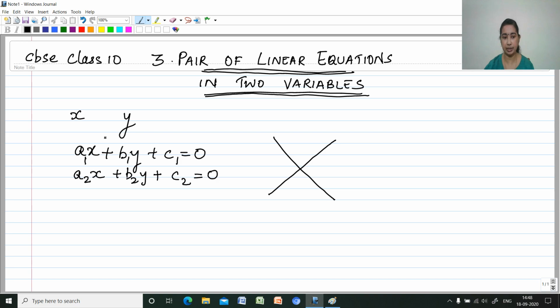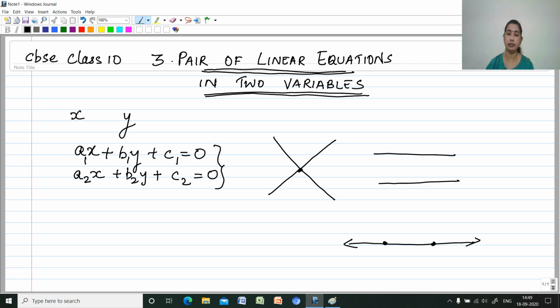If the power of the x variable and y variable is 1, they will be straight lines. If there are two lines, either they intersect at a point, or those two lines will be parallel to each other, or they will be meeting one upon the other. That is, they are called coincident lines. That is, they will be the same line itself, one upon the other.